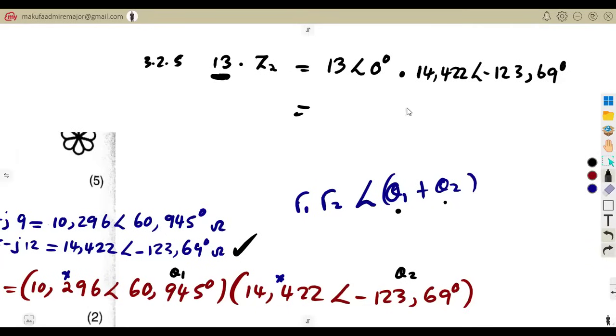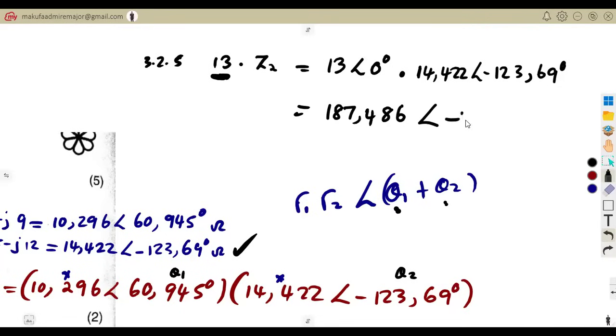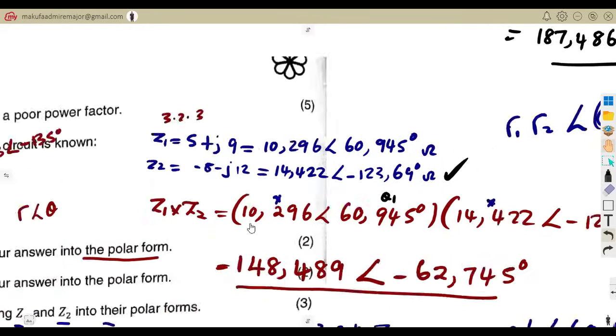If you multiply these two, you're going to obtain 187.486. And the angles, theta 1 and theta 2, you have to add. So you add 0 plus minus 123.69, so it just remains minus 123.69. There's no effect. There you can write an ohm. There is no problem, because a number multiplying an ohm can remain with an ohm.